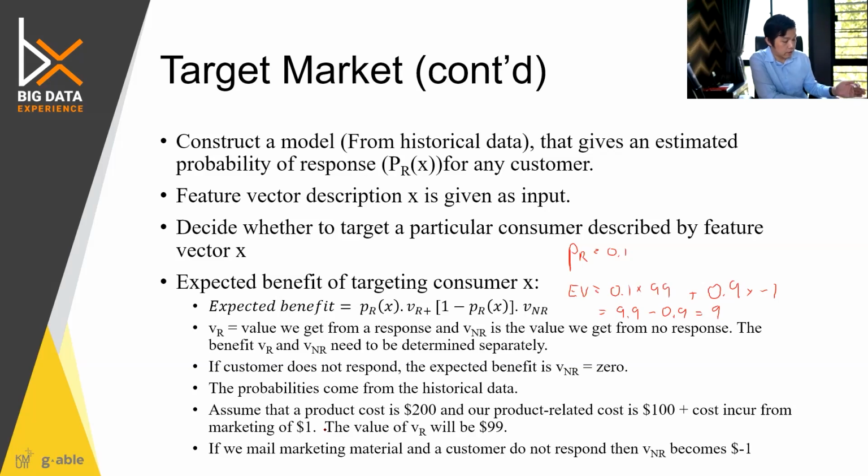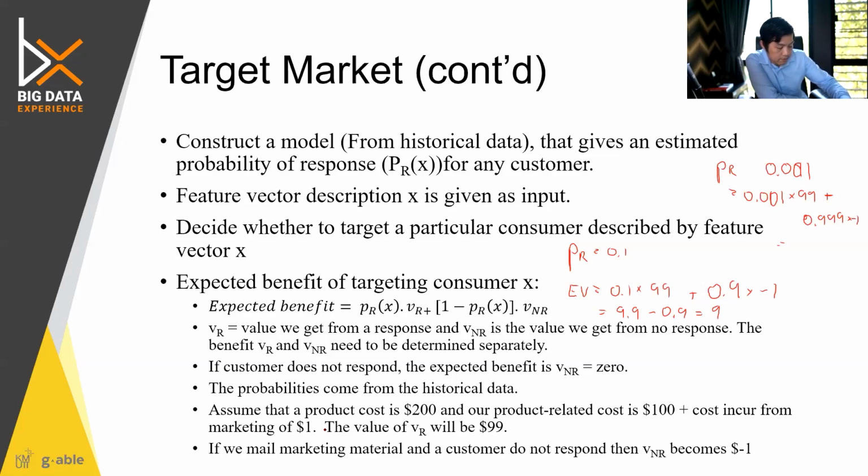Now let's consider that we got the probability of responding equal to 0.001. If PR is 0.001, then you get 0.001 times 99, plus 0.999 times minus 1.